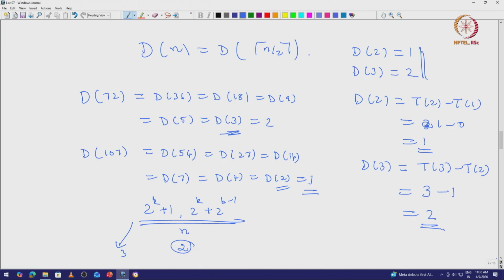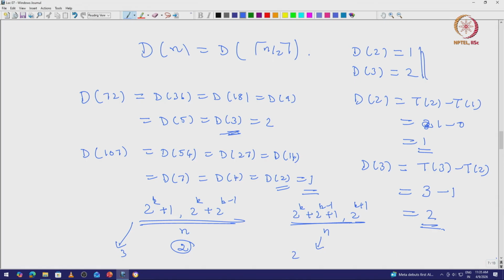And for n in 2 power k plus 2 power k minus 1 plus 1 to 2 power k plus 1, this process should take you to D of 2.